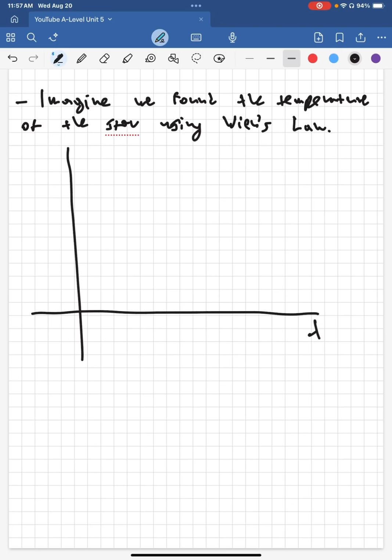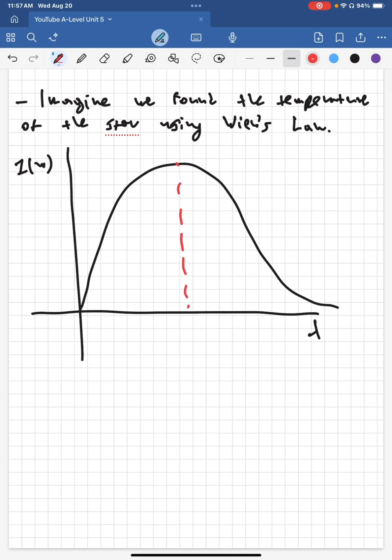Okay, so we have the intensity in watts on the vertical axis, and on the horizontal we have the wavelength, and let's say we have a curve like that, and somehow we obtained this curve and we found that the peak lambda is red, so let's say 650 nanometers.